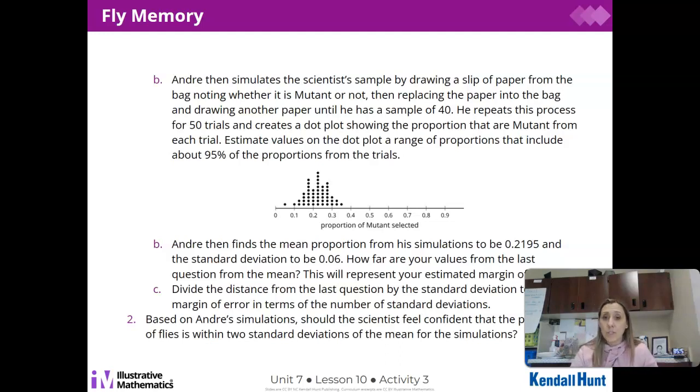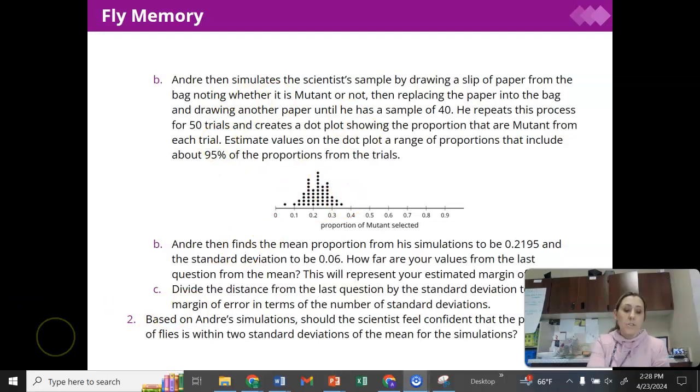So what I want you to do is estimate the values on the dot plot, a range of proportions that include about 95% of the proportions from the trials. So go ahead and hit pause and do that. So remember that you want to find 2 standard deviations away from the mean. So you're going to want to find the mean, right?